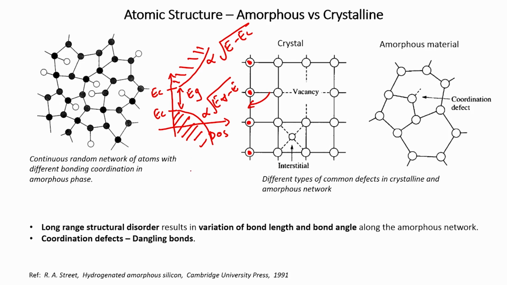So this was the density of states diagram for a crystalline material, and what this meant was that if you want to count the number of electrons inside the band gap, the number of electrons at any energy level E depends on the value of the Fermi function at that energy level times the density of states at that energy level, dE.